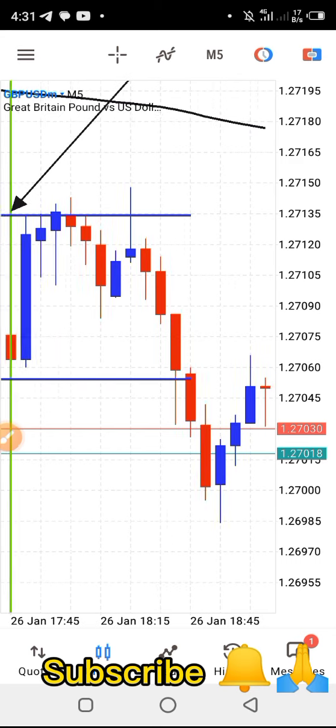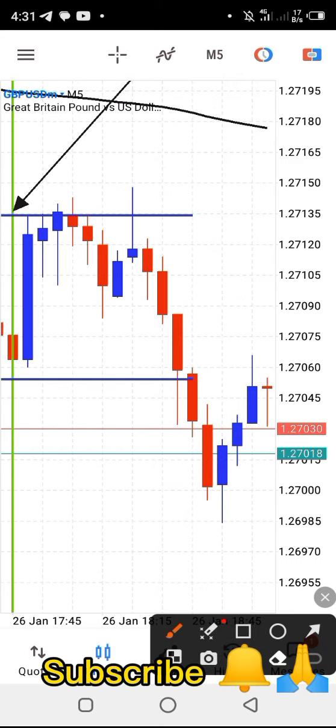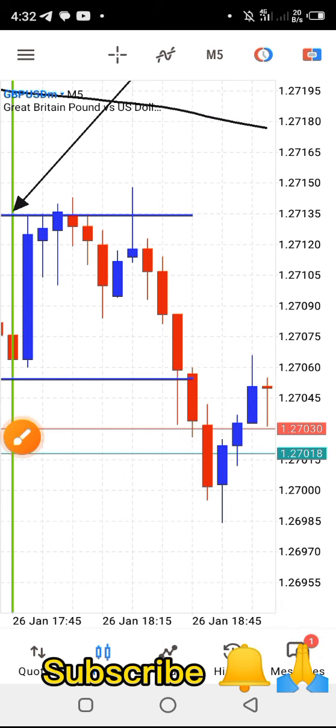It later broke below with this candle. As the candle is closing, I enter a sell trade, place my stop loss just above this candle, and see what happened. Gave us a downwards movement. All right, so we would have made some money with that particular trade.